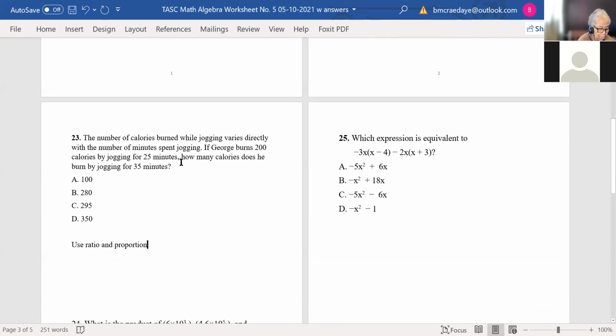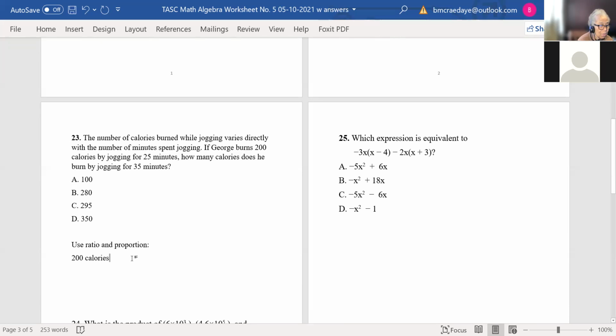And if you use ratio and proportion, how did you set it up, Maureen? Tell me what you had. Okay. I set up my ratio, and I do the calories and the minutes. Okay, so tell me what you wrote. I put 200 for the ratio. And that's calories. Okay. And X for the calories.